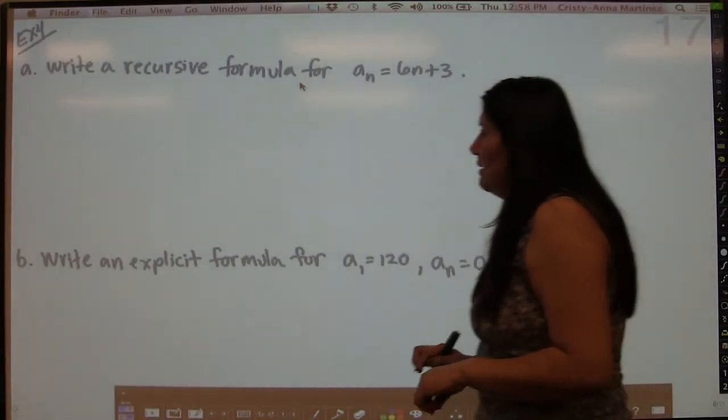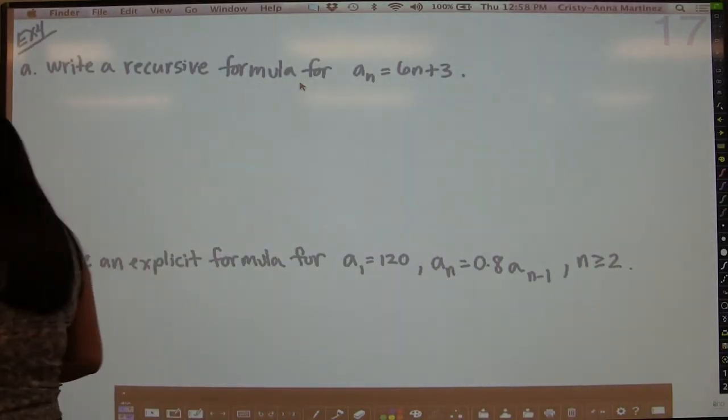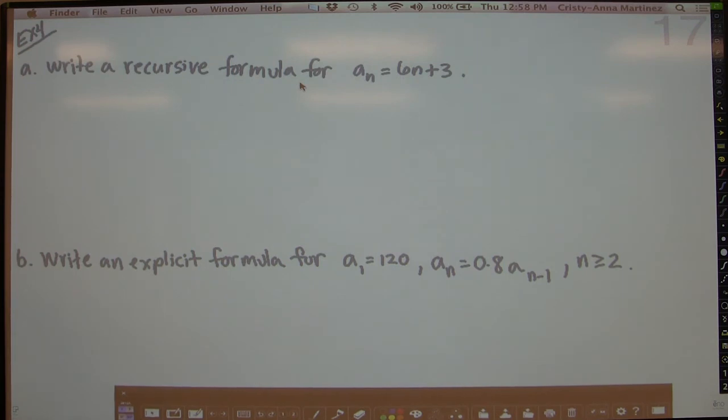And then we're going to be doing much the same thing, only instead of a word problem, we just have a direct question here. It says, write a recursive formula for a sub n equals 6n plus 3. So how do we do that?